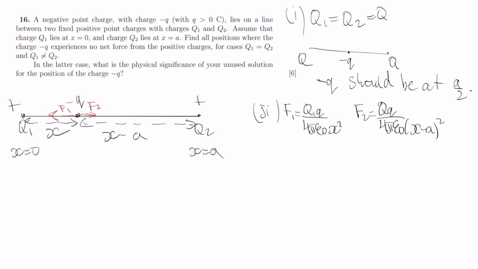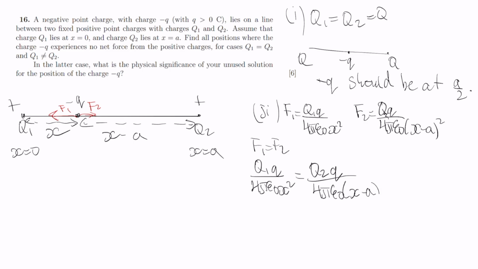Okay, so we're looking for positions where F1 is equal to F2. So we can set the two equal to one another: Q1Q over 4 pi epsilon naught x squared equals Q2Q over 4 pi epsilon naught x minus a squared.